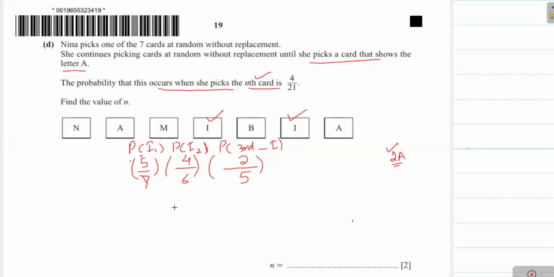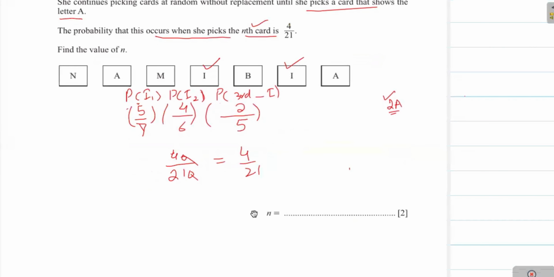Now when we simplify this, we get 20 times 2 is 40, and 40 over 210. Now we divide this, we get 4 over 21. Therefore, if she picks 3 cards, the probability will be 4 over 21. The n is equal to 3.